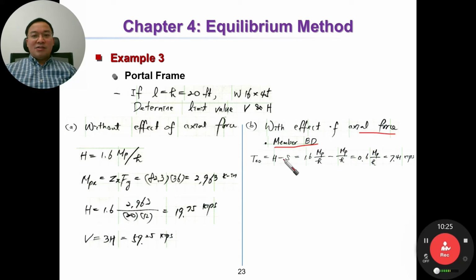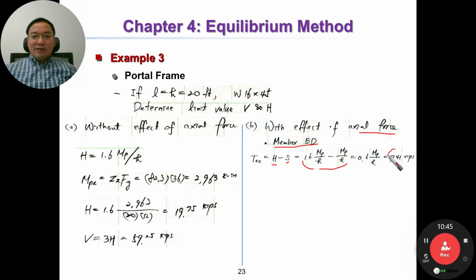And S is the horizontal reaction of the connection. And we have this is a function of Mp, and this is also a function of Mp, and replace it into this equation.